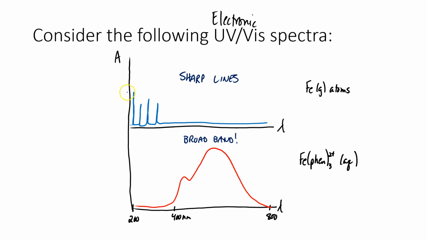In order to understand why these spectra are different, we're going to have to think about the energy levels in atoms versus molecules. I'll write that down. Think about the energy levels in atoms versus molecules.